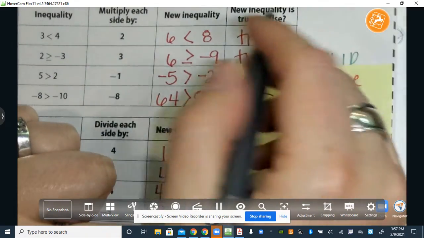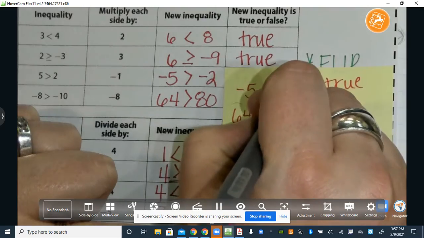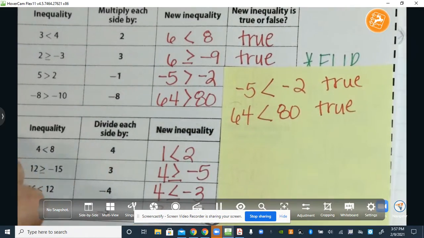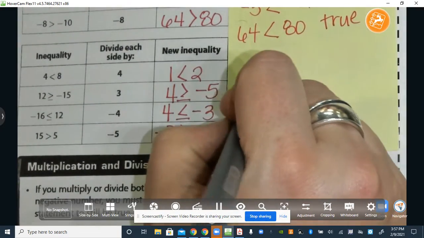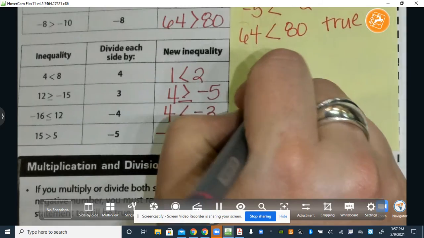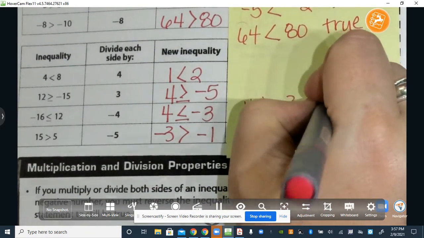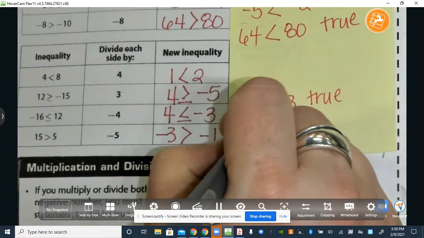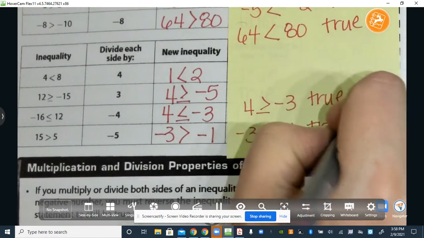When I flip this around, 64 is less than 80. That's a true statement. And you just go down here. So when I flip this around, 4 is greater than or equal to -3. That's a true statement. When I flip this around, -3 is less than -1. That is also a true statement.